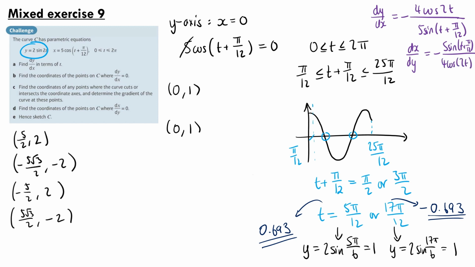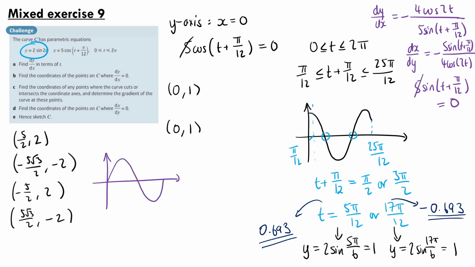So for this to equal 0, we need the numerator again, so that's going to be 5 sine of (t plus pi over 12) this time. That has to be equal to 0, or just sine of (t plus pi over 12) needs to be equal to 0. And if we draw a graph of that, I'll do it down here. So the sine graph looks something like that.